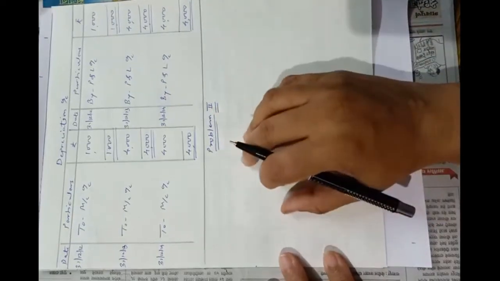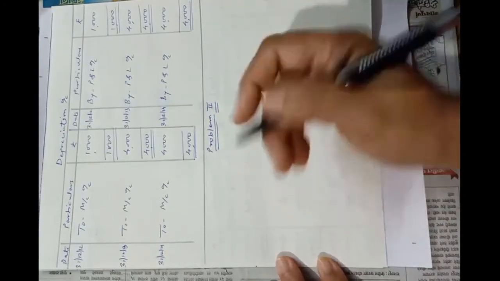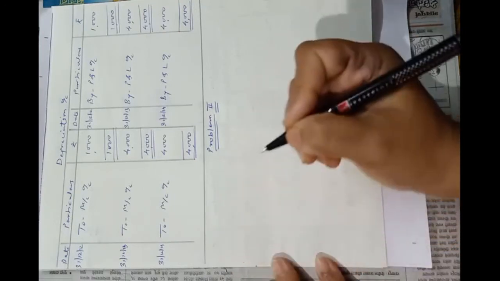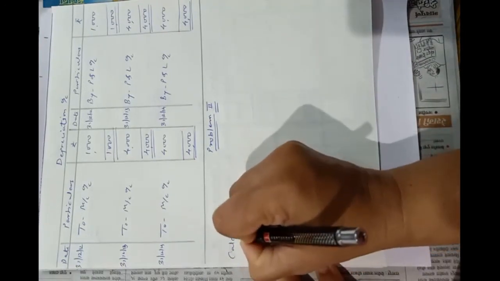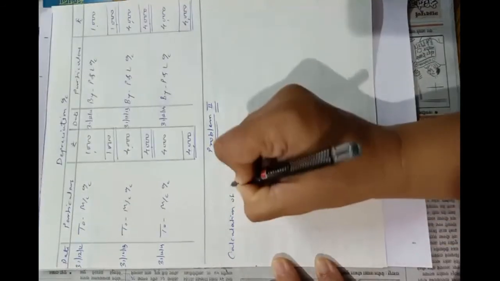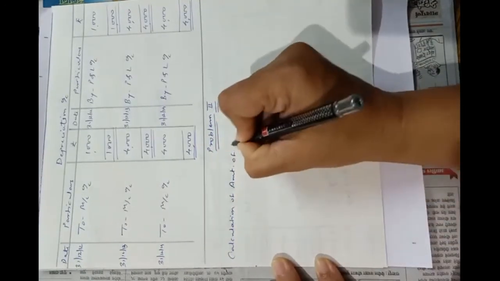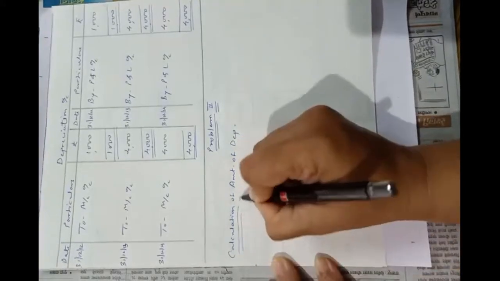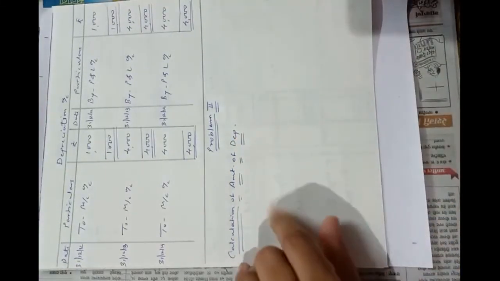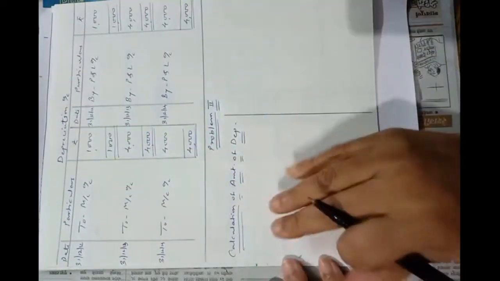Okay, in this problem rate of depreciation is not given, so first we have to calculate the amount of annual depreciation. So calculation of amount of depreciation. I have told you the formula of calculating the amount of depreciation when cost of machinery, scrap value and estimated life is given.